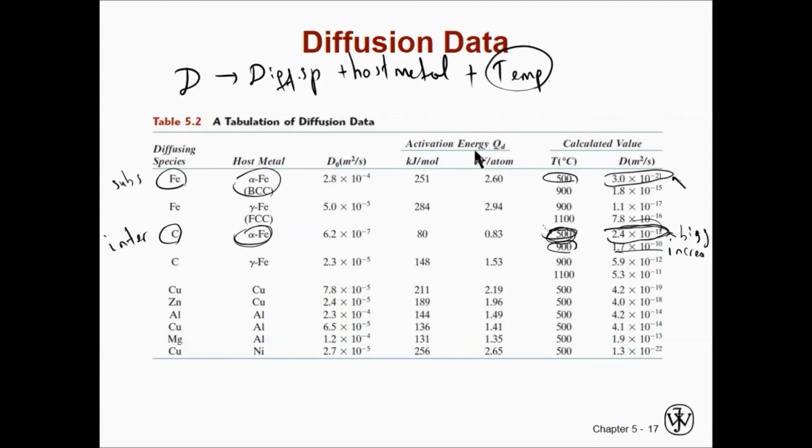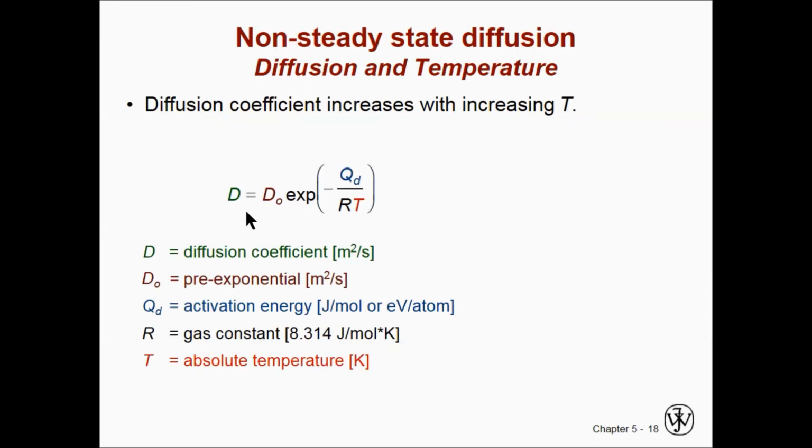So let's move on. So far, the diffusion coefficient was given to us from this table over here. But if it's not given, for example, I have 500 and 900 here, but if it is 600, we can calculate it by this equation.